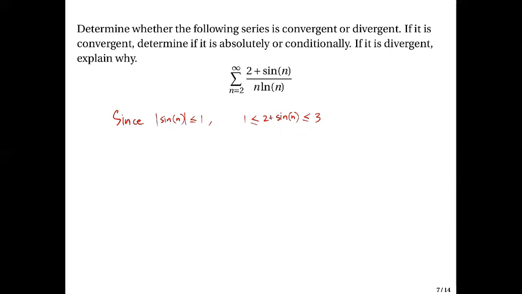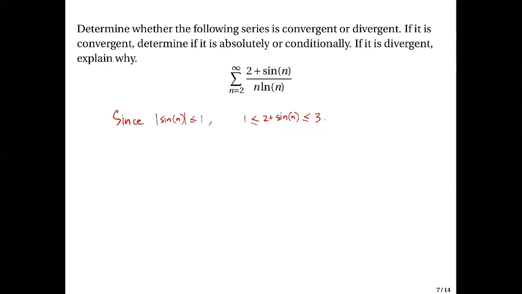Now, what we're going to do is to show that this is divergent. So if this is divergent, we can use the comparison test. And we will compare this series with the series 1 over n ln of n. And I know you're familiar with that series already. We've done that. Remember that when you apply the comparison test or limit comparison test, you should have a big database of series.